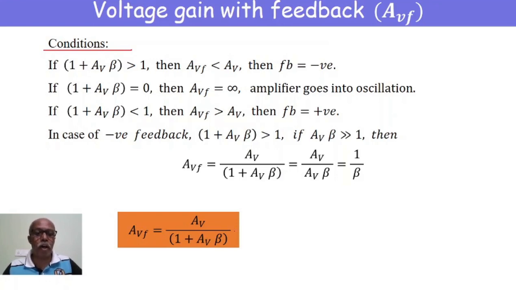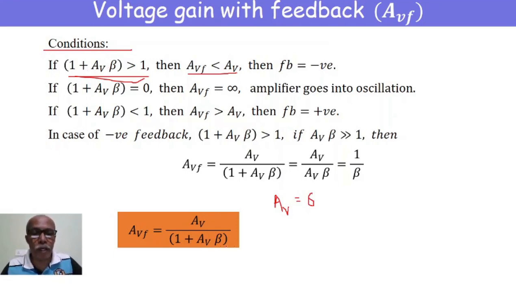Now, if the denominator is greater than 1, then AVF will be less than AV. For example, if AV is equal to 6 units, so this value is taken as greater than 1.